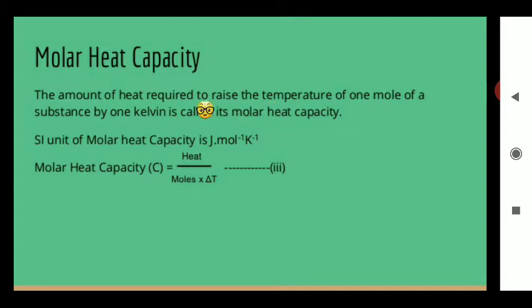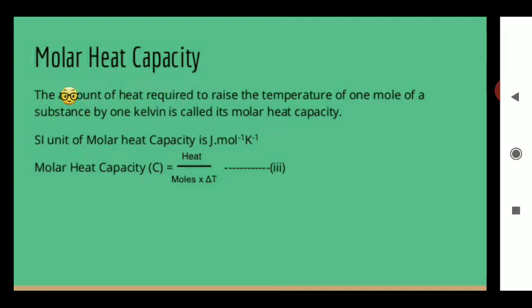The mole is the basic fundamental unit, one of the 7 fundamental units. So whenever the quantity of substance taken during the measurement of heat capacity is expressed in terms of the mole, it is known as the molar heat capacity. Is it clear?